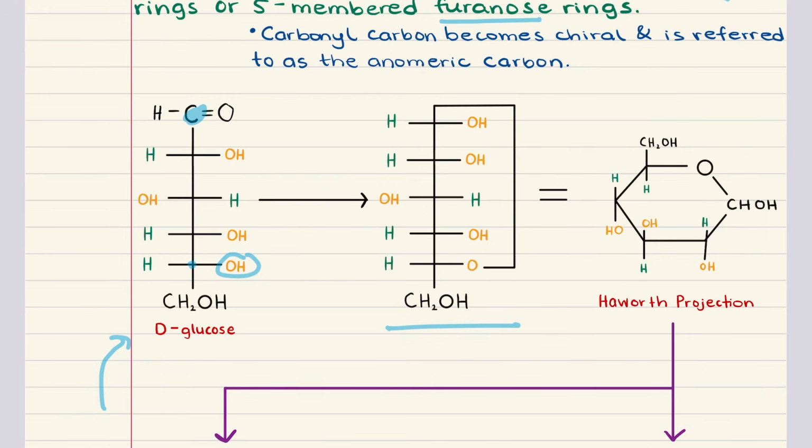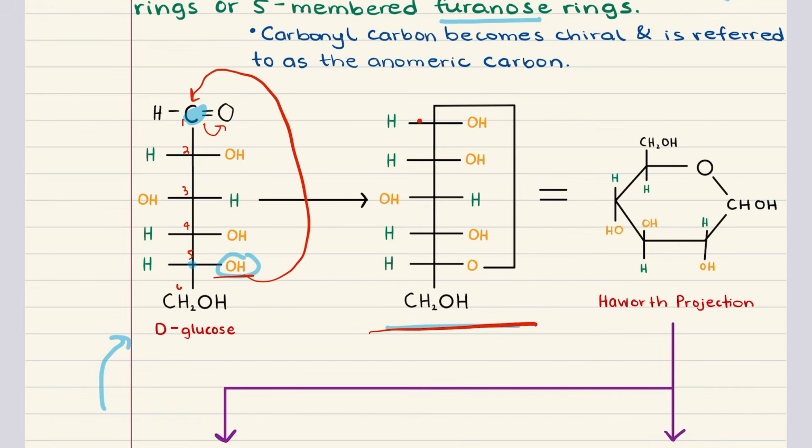Now let's number this linear Fischer projection. This carbon is carbon number 1. This is 2, 3, 4, 5, and 6. This hydroxyl group at carbon 5 is going to attack carbon number 1, and this double bond is going to break, and we're going to get this pyranose structure.